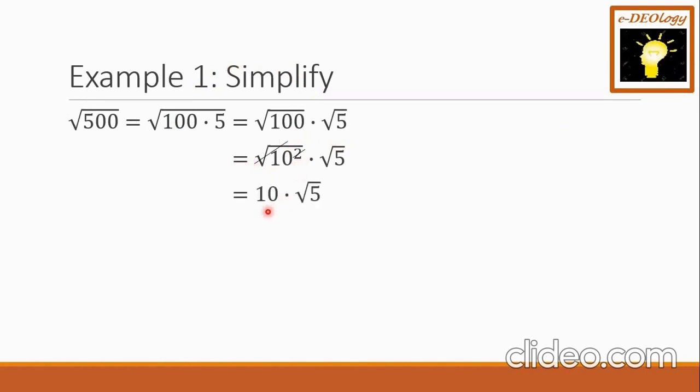So the 10, the radicand itself, will come down without the radical and also without the power 2, times the square root of 5. Here, we simply combine the two, the 10 and the square root of 5, and this is our final answer.